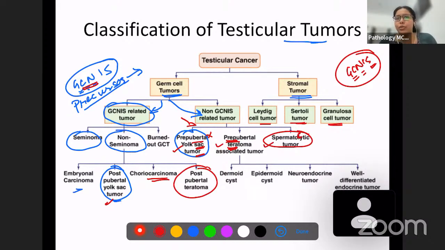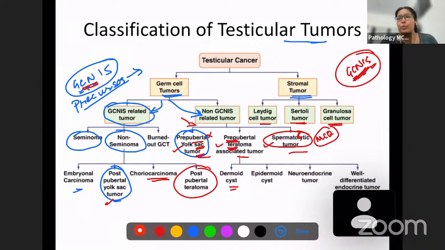You could be asked an MCQ related to this. They can give you a case of GCNIS and ask which of these does not arise from this lesion. So be aware that there are three germ cell tumors which are not GCNIS related. And there are a few other germ cell tumors also, such as dermoid cyst, which is a part of teratoma.